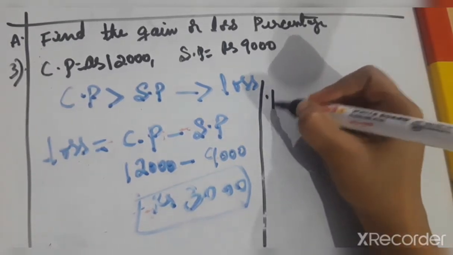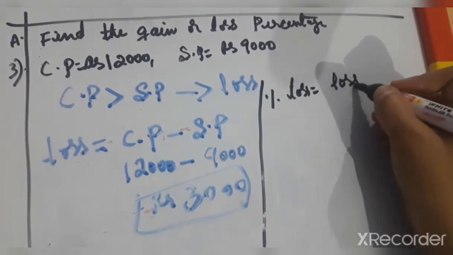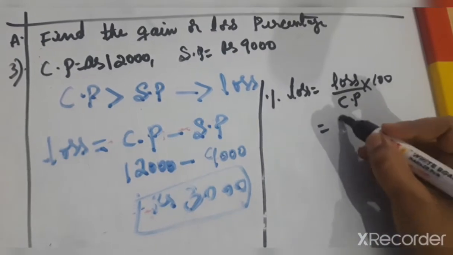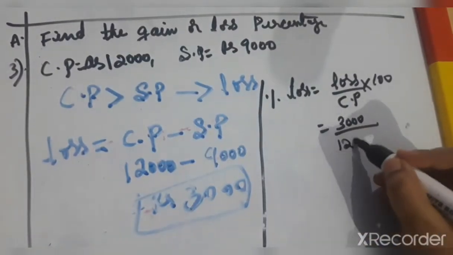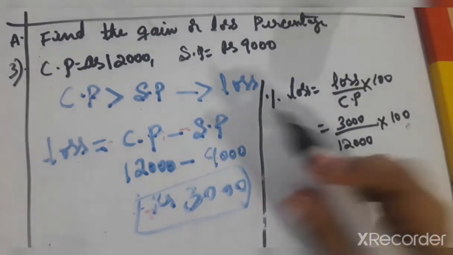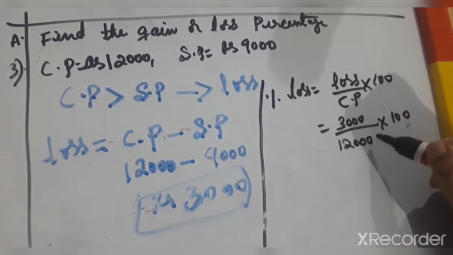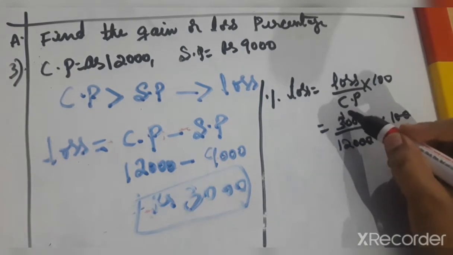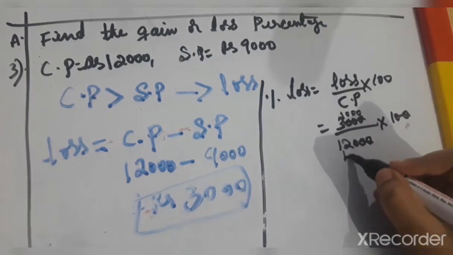Then percentage of loss formula, loss by CP into 100. So loss is 3,000 by CP 12,000. If any overhead charges or repair amount, we have to add to the cost price; then only the new amount will become the proper cost price. 3 ones are 3, 3 fours are 12.